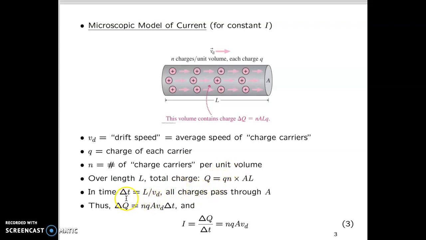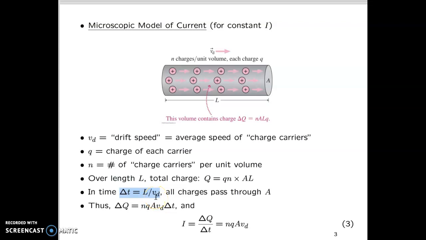Let's say that over some time interval delta t, a time interval defined so that it's chosen to be L divided by v sub d.